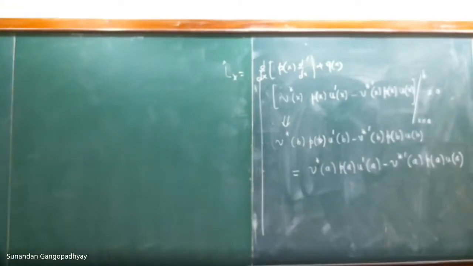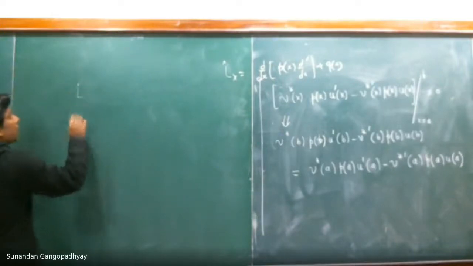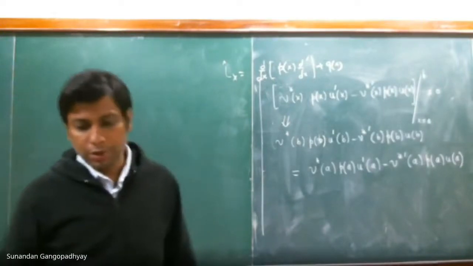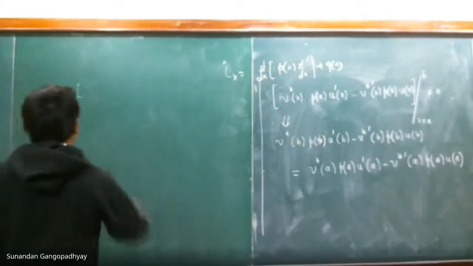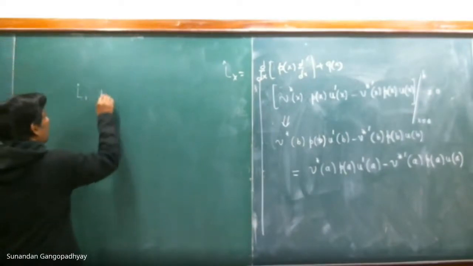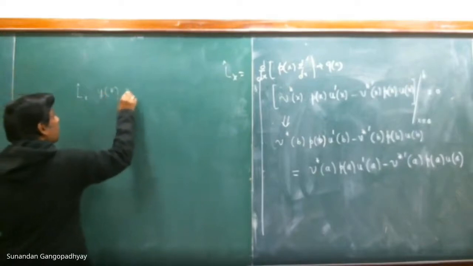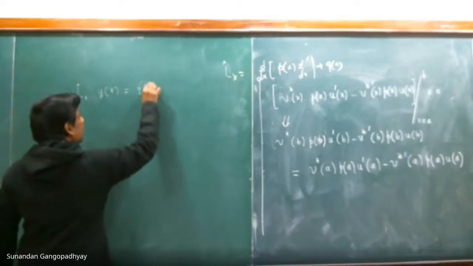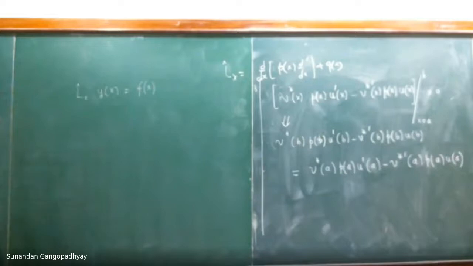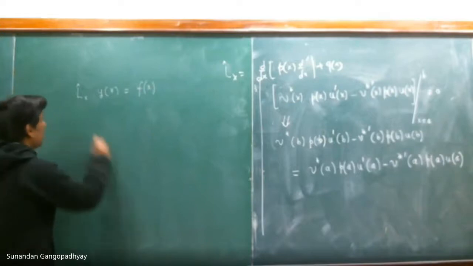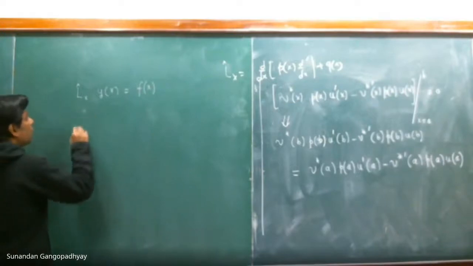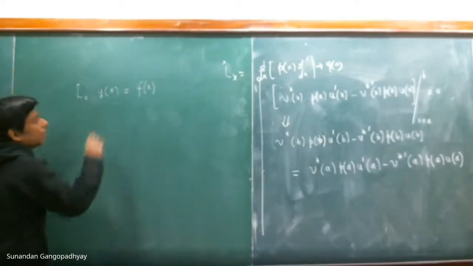Let us look at the following differential equation, which is L hat x y of x is equal to f of x. Let us look at this differential equation where this operator is a second order self-adjoint operator, and therefore you know that you can bring it to the Sturm-Liouville form.